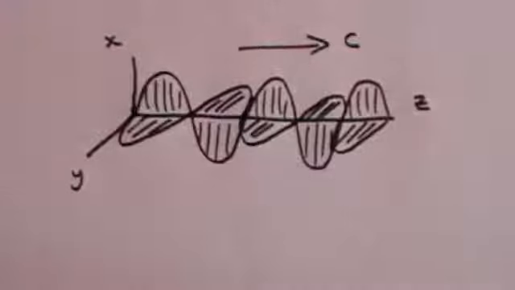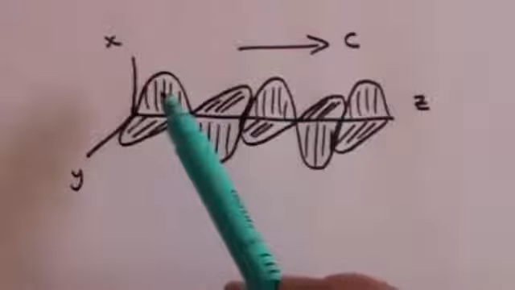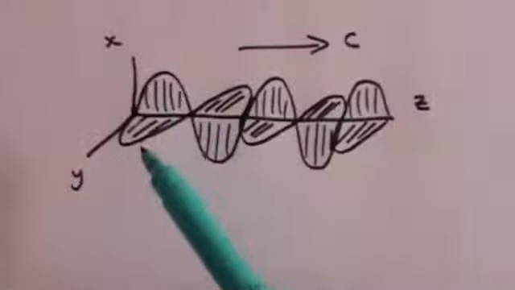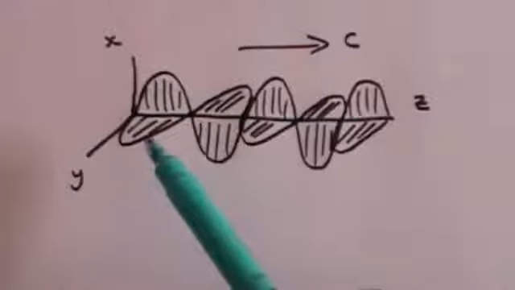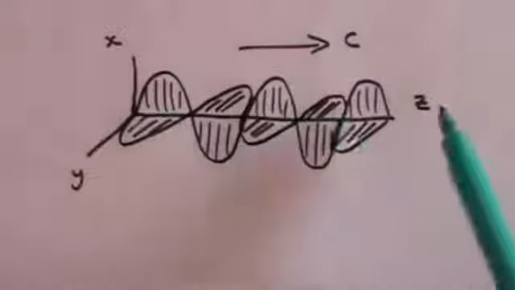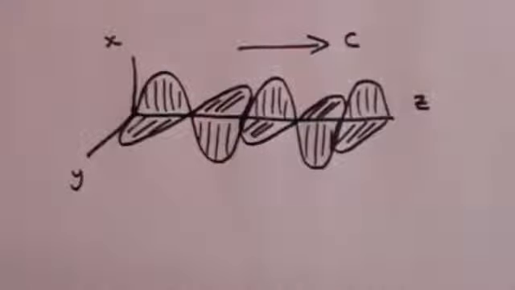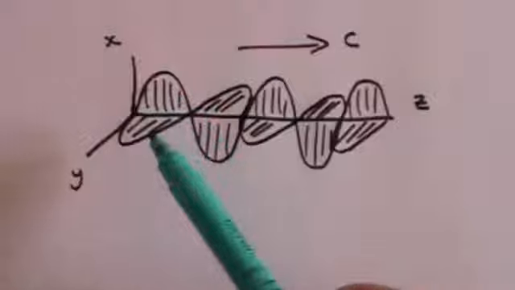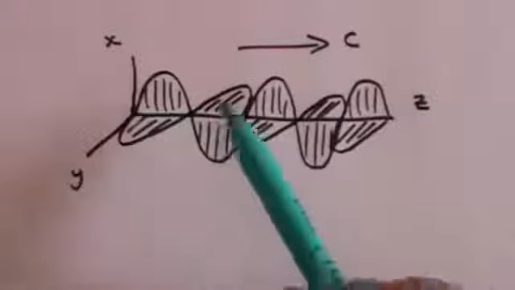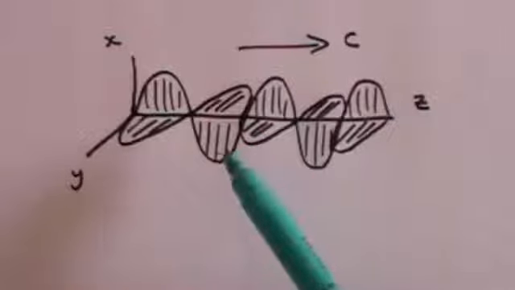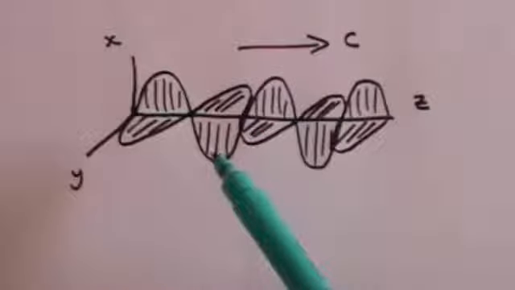And so you have the situation where the electric field oscillating in the x direction is perpendicular to the magnetic field which is oscillating in the y direction, and both of them are perpendicular to the actual direction of travel of the wave, which is in the z direction. And finally, of course, the E field is in phase with the B field, which means that they both reach a maximum and a minimum at the same time.